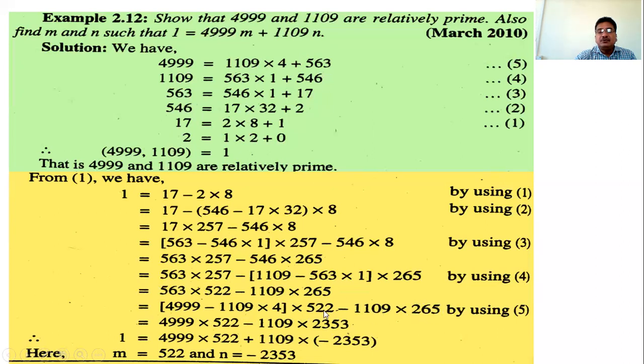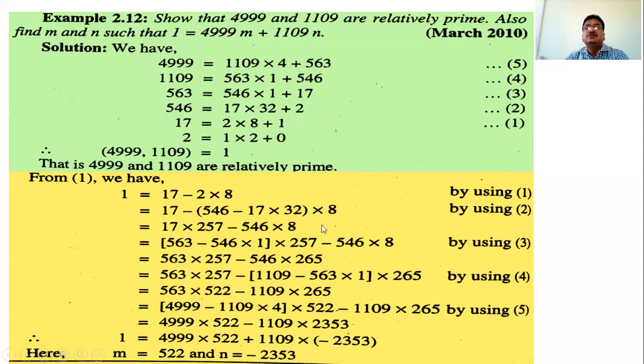Then multiply this 522 in the bracket, and we have 4999 into 522 and minus 1109 into 4 into 522, and minus 1109 into 265 becomes this answer 2353. And then write this as 4999 into 522 plus 1109 into minus 2353, and therefore m is 522 and n is minus 2353.